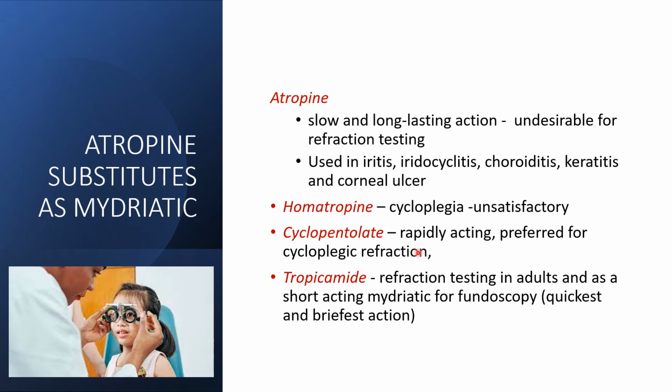It is also rapidly acting. Tropicamide is the drug mainly used in refraction testing in adults because it is very fast acting, and it also has a very brief action. Because of this property, tropicamide is the preferred drug in refraction testing in adults.